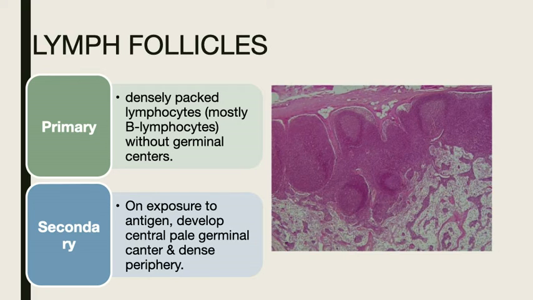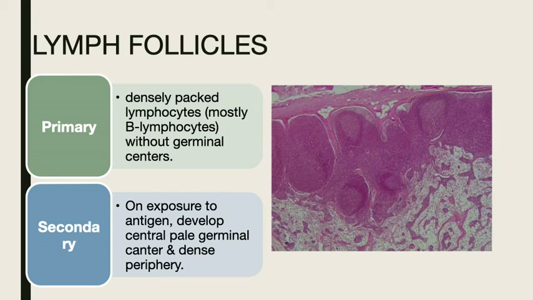The primary follicle has densely packed small B lymphocytes without germinal center, and macrophages. The secondary follicles have at the periphery a dark area, similar to the structure of the primary, plus the germinal center. What is the content of the germinal center?